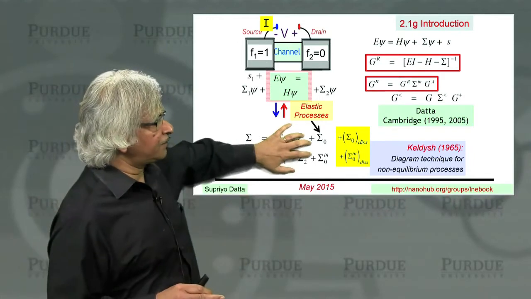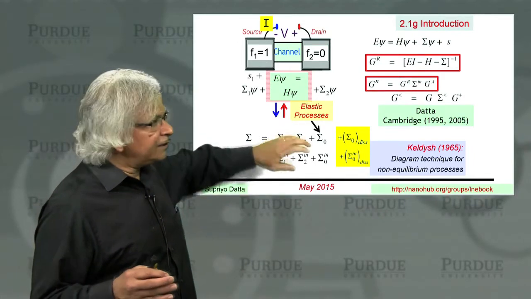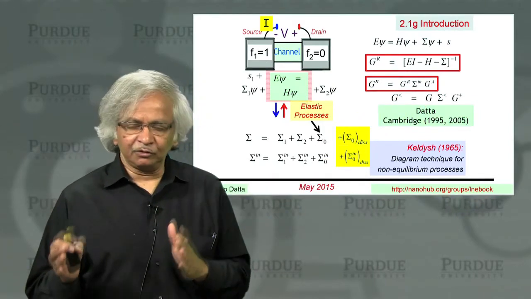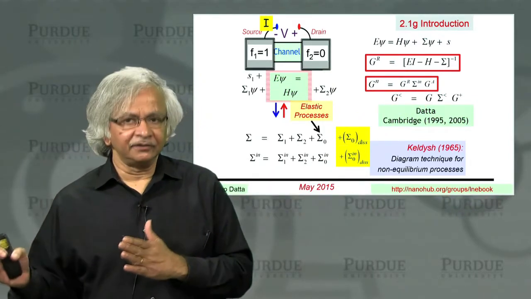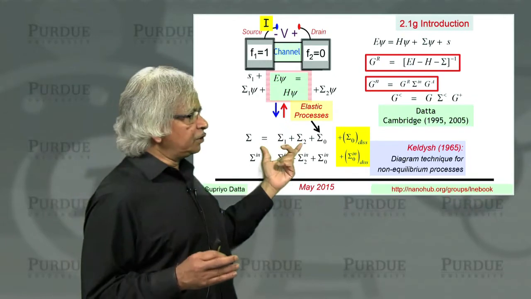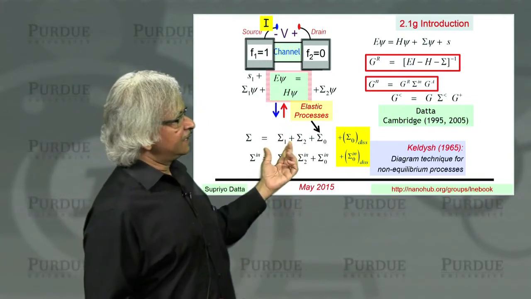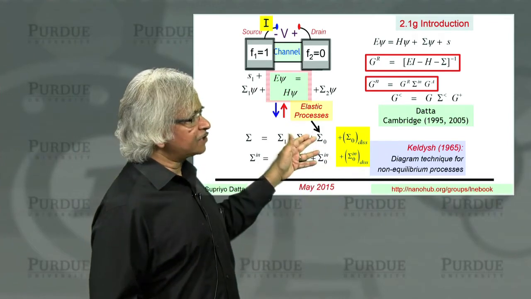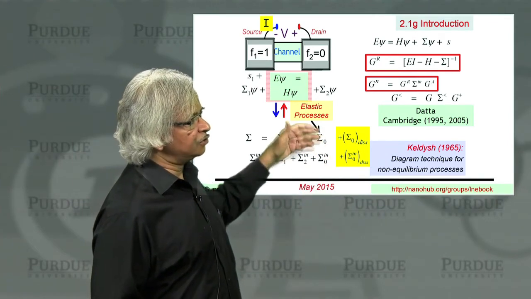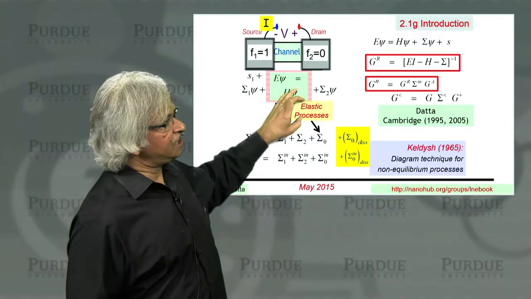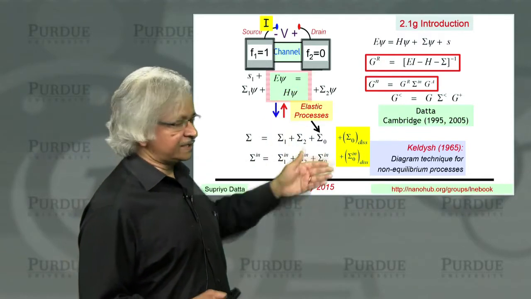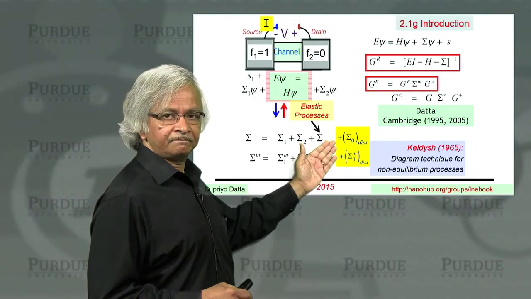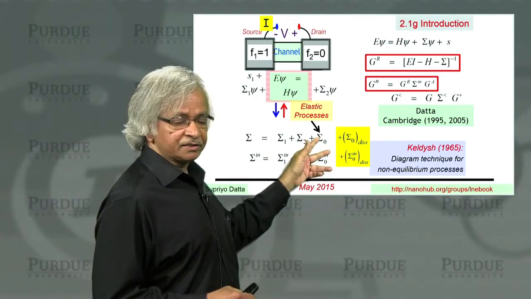Because if you ignored interaction completely, then you don't quite need this NEGF method necessarily. You could use what's called scattering theory. But what I like about NEGF is it allows us to include interactions. The only thing is, these interactions we assume do not lead to any exchange of energy. But as we'll see, they have an enormous amount of physics in there.